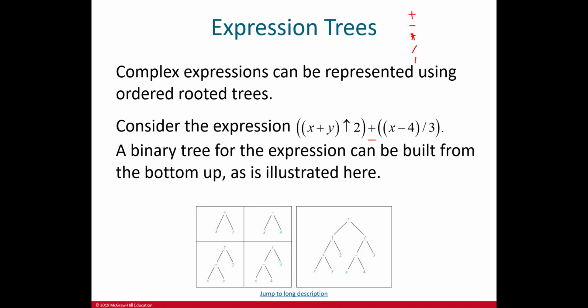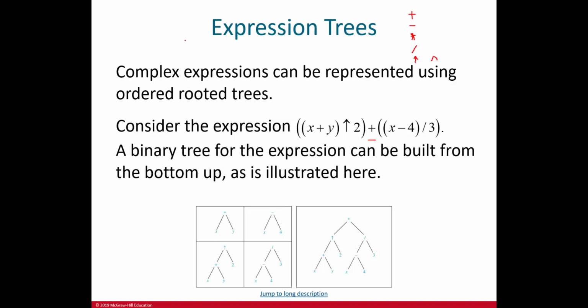Raise to is stored as an upward arrow, but you might see somewhere it is also shown as like this. These are the main binary operators that we are going to consider while building expression trees, because at the most we can have two operands, and binary trees can take care of those two operands as two leaves of this tree.